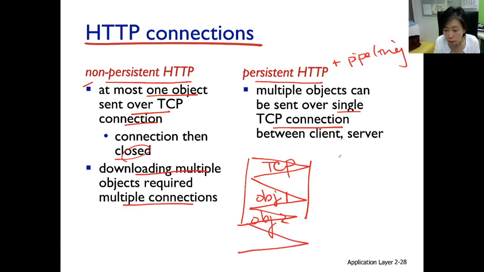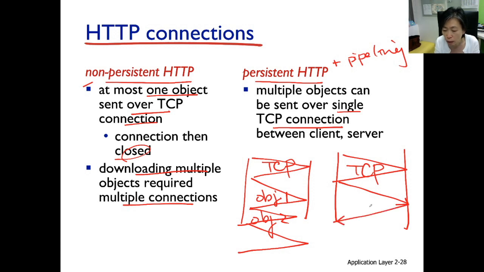Okay, but the thing is this: when we establish the TCP connection and send out the first request for object 1, really, before object 1 is being transmitted back, you see, the client over here needs only this amount of time to send the request message, right? The client is immediately left idle right after that.